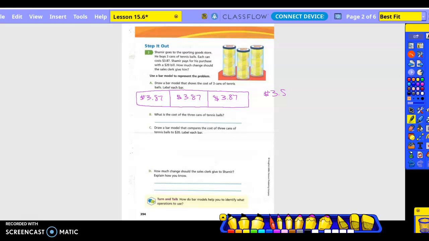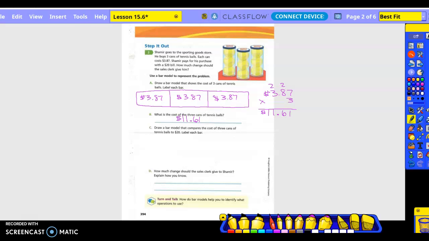So $3.87 times 3. 3 times 7 is, put the 1, carry the 2. 3 times 8 is, plus 2 is, carry the 2. 2 times 3 is, plus 2 is, how many decimal places? 2. So the total cost is $11.61.